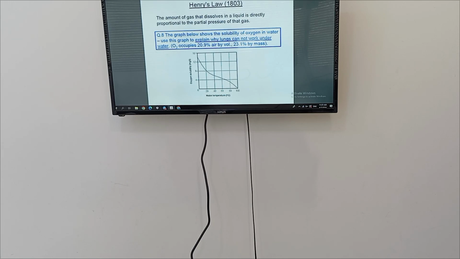According to Henry's law, the more the amount of gas above a liquid surface increases, the amount of gas dissolved in that liquid will increase. So when, let's say, a person is drowning and water enters his lungs, the amount of gas in the water that entered the lung, that's going to be dissolved, will equal the amount of gas the person is trying to breathe.